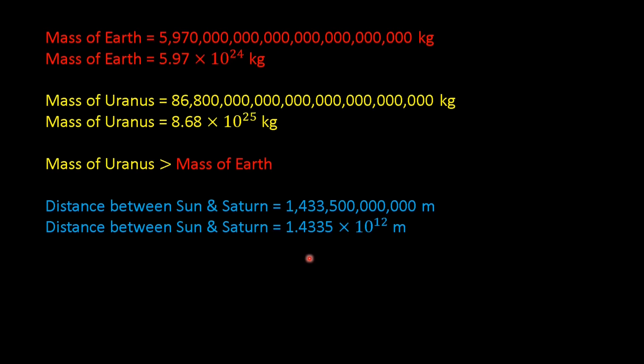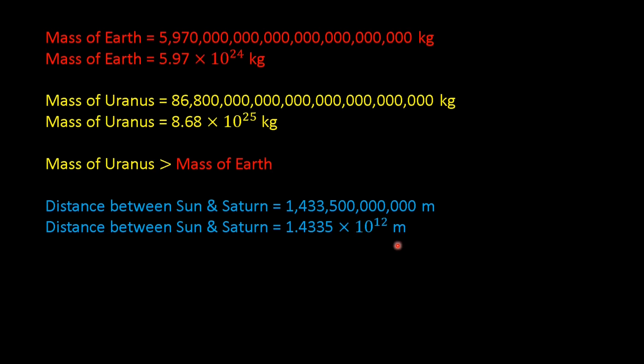Here we have put the decimal next to 1 and we have counted the number of digits that are coming after the decimal, and here the number of digits coming after the decimal are 12. This 12 we have given as a power to this 10 and written the distance between the Sun and Saturn as 1.4335 multiplied by 10 raised to 12 meters.